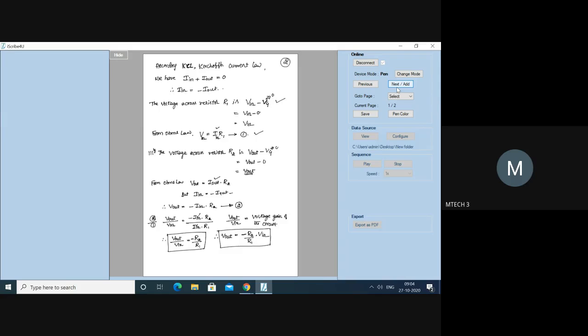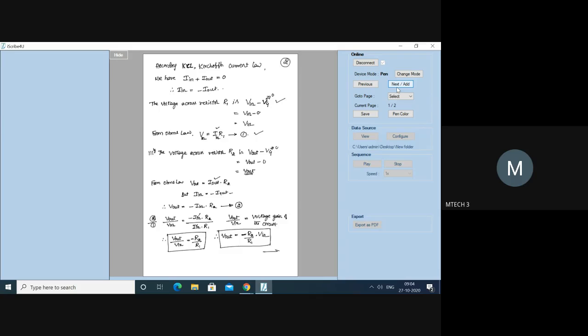The voltage gain is the ratio of the feedback resistor to the input resistor, and the negative sign indicates that the output is 180 degrees out of phase with respect to the input. So this is the first one, the inverting amplifier.